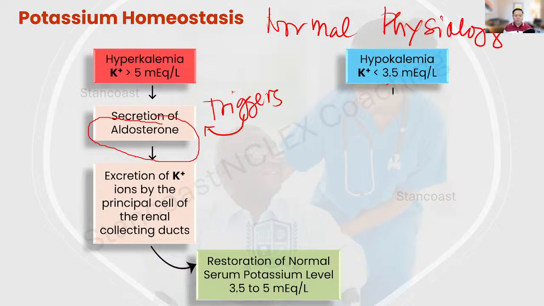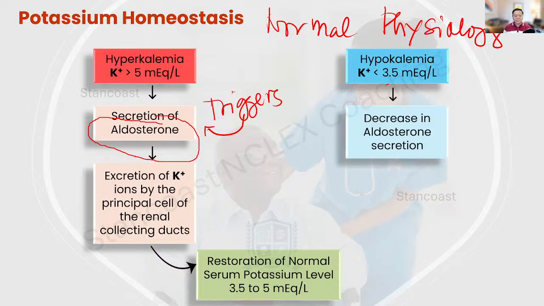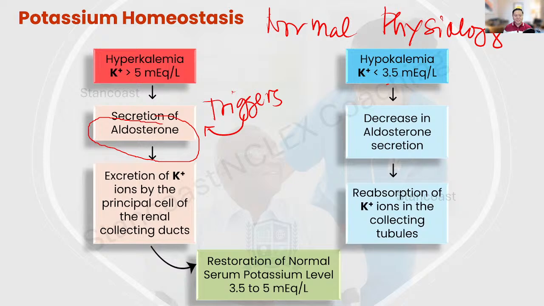Well, the body will not cause the secretion of the aldosterone this time. There is no need because the potassium is low. And when that happens, the kidney tubules will try reabsorbing those potassium ions in the collecting tubules. And this will help restore the normal amount of the potassium ions in the bloodstream. Okay, so that is very simple to recall about the regulation of the potassium.